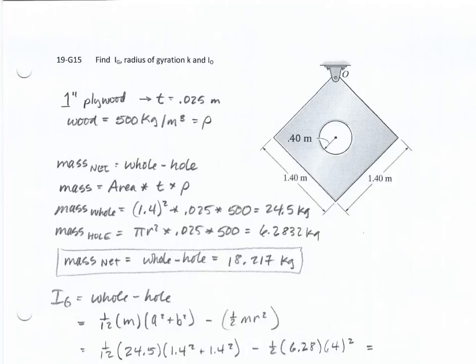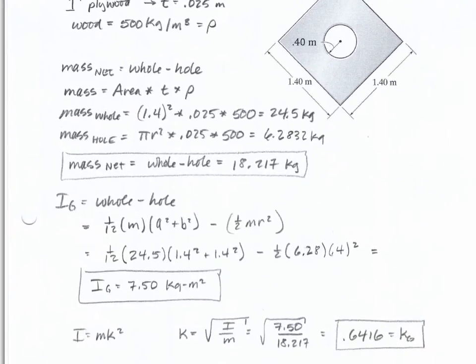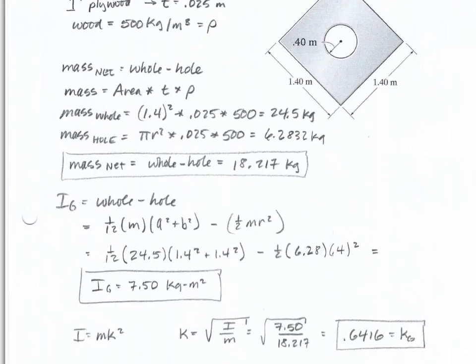We use the same kind of thing to come up with the mass moment of inertia. We're going to do the whole minus the hole there. In this case, looking in the back of the book, for a rectangular shape the mass moment of inertia about the middle, about right there, is going to be 1/12 m, not 1/12 m l squared, but 1/12 m times a squared plus b squared, where a and b are the sides. And then I'm going to take out the hole, and we're going to assume that it is the same uniform density.